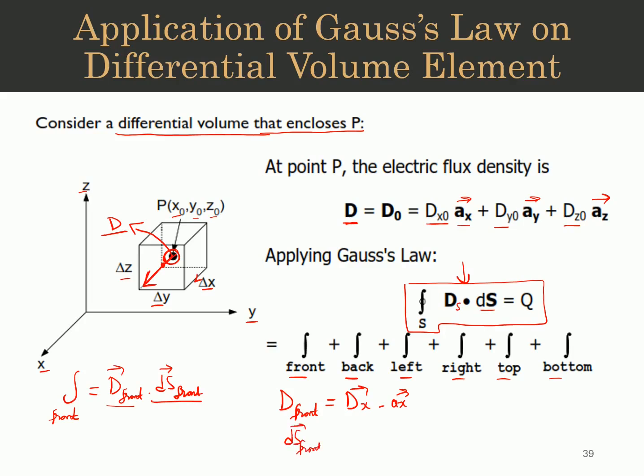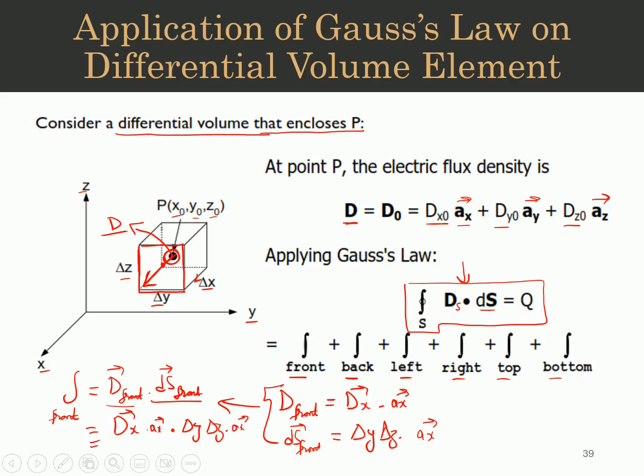And what about dS, the small area for the front scenario? If we look at the area in the front, we have this face which only has the value of delta y and delta z, and since this is a sheet in the front, the normal vector will be along a of x. So if we incorporate these two values into the integral, we get D of x along unit vector a of x, dot product with delta y delta z along unit vector a of x.